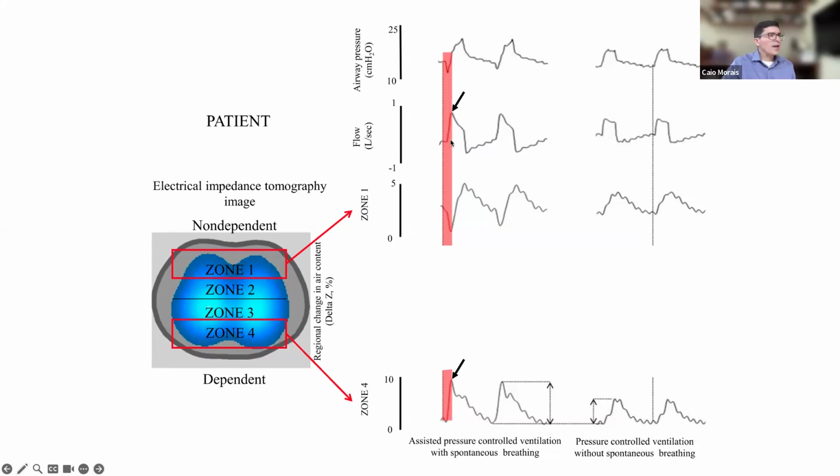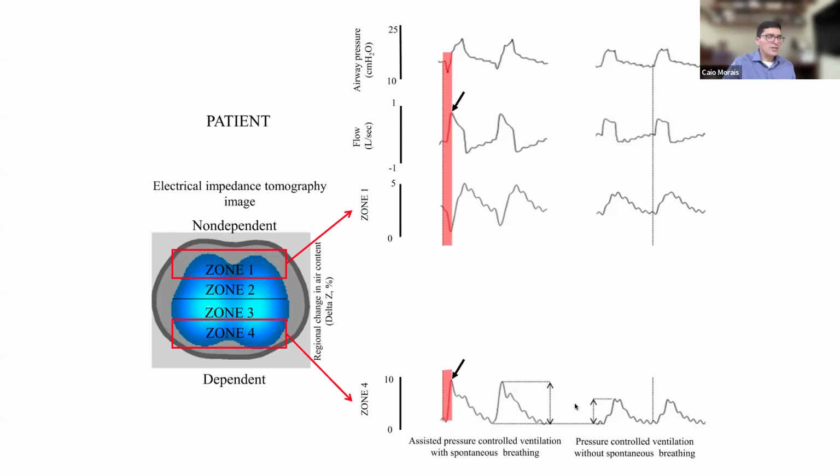But when we have a strong inspiratory effort, we have the flow moving up, the air moving from the ventilator to the patient, but we have the most ventral and the most dorsal move in asynchronous behavior. We have the ventral part being deflated, the dorsal part inflated, and the result of that pendelluft effect is we have an overstretching at the most posterior part of the lung. And why?